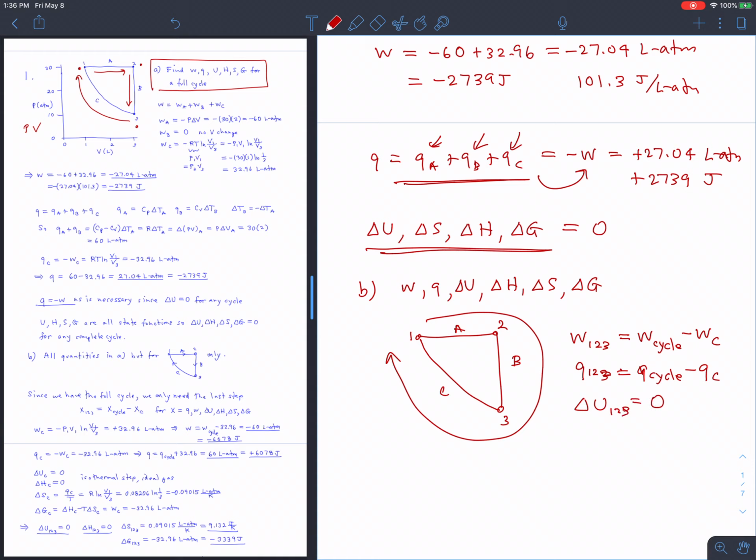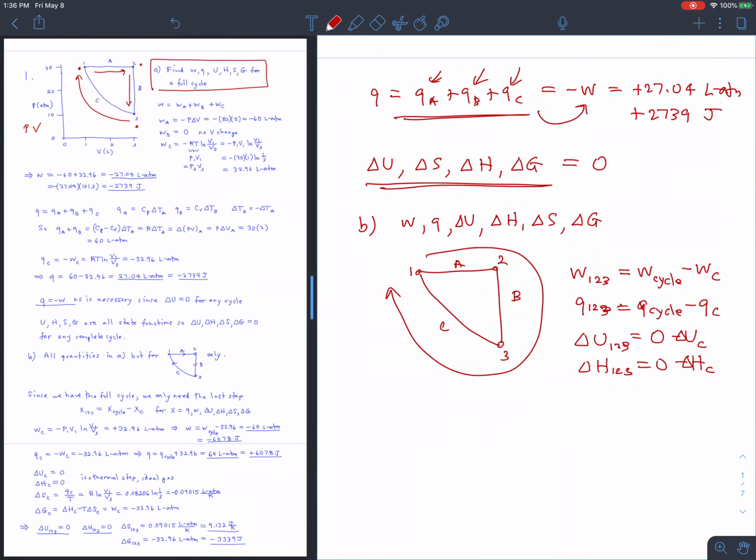That's the U for the cycle minus U for step C, and so on for all the others. So I won't go through them all. All we need then is the work for C, the Q for C, and so on.